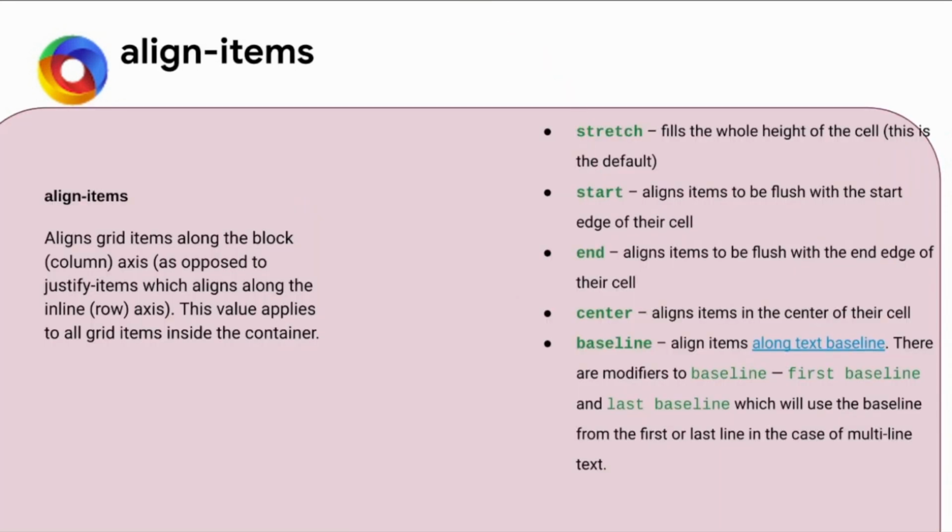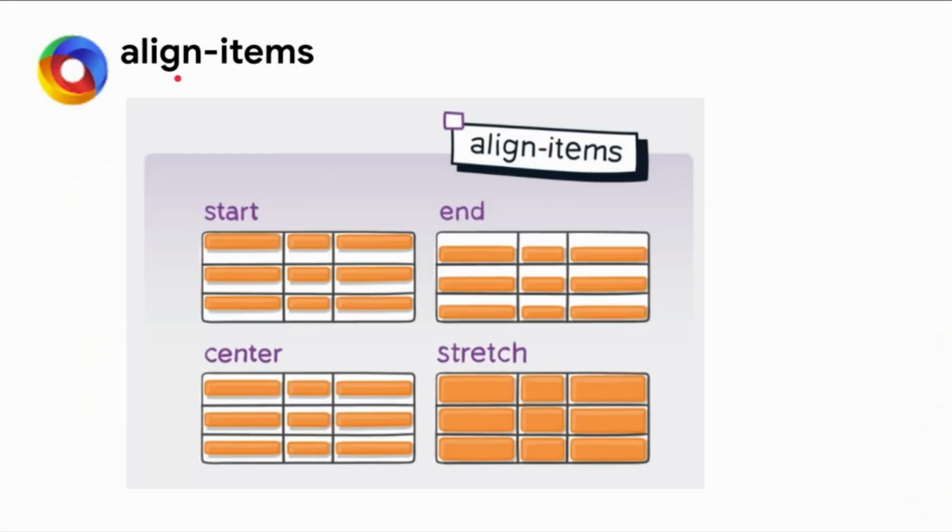Similarly, align items is basically the same thing in the column way. If your inner grid item cells are very small, like a single line, and the grid is multi-line, in that case you can say how the align items should be. All the inner children would be aligned column-wise. So at start, everything would be at the start, end would be everything at the end, center would be everything centered, and stretch is the default.